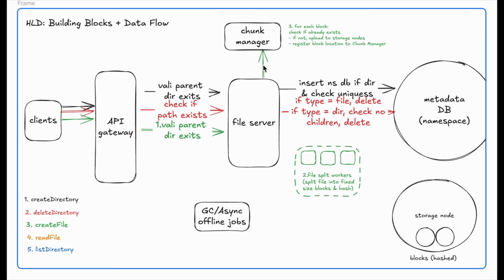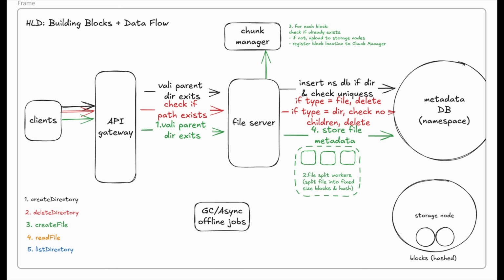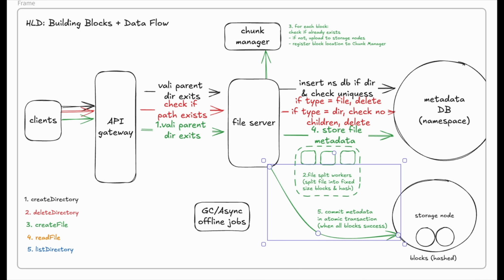These blocks are hashed, deduplicated if necessary, and distributed across the underlying storage nodes for durability and scalability. Once all blocks are successfully stored, the file service creates a metadata entry in the database, linking the file's path to its block list and capturing additional metadata like size and timestamps. This flow respects file immutability and enables reliable, scalable file storage.